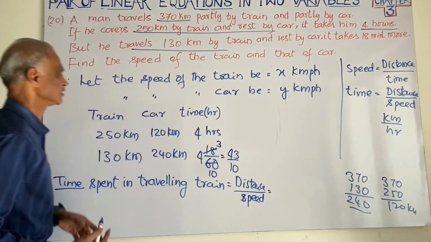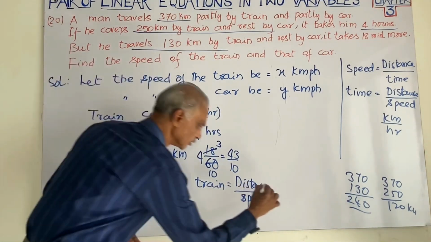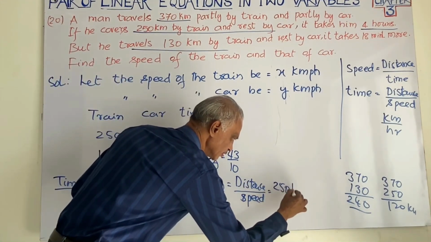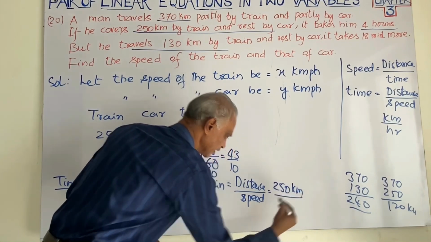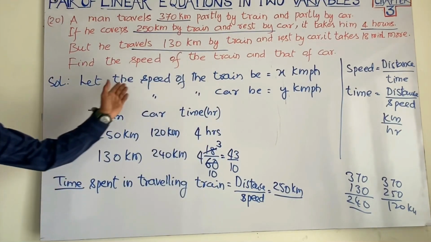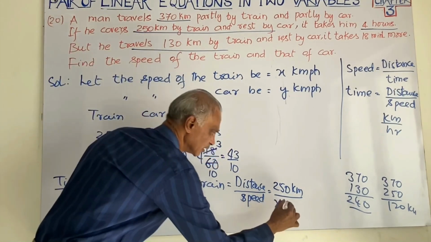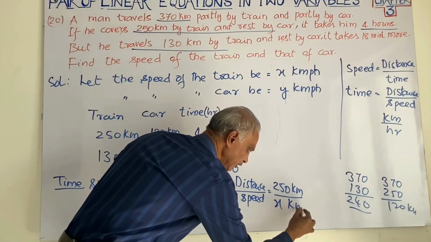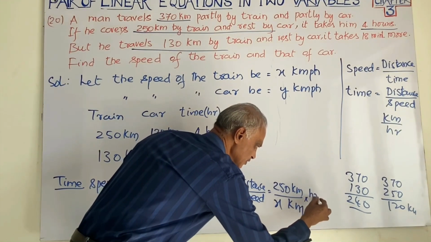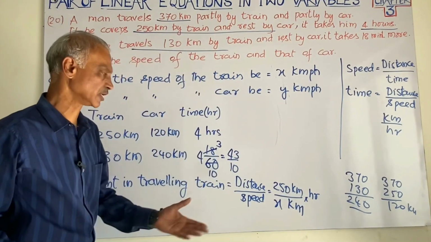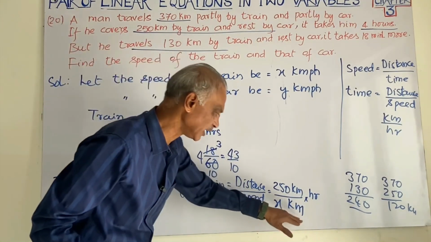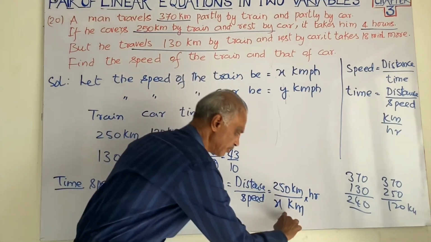What is the distance he traveled? 250 kilometers by what is the speed? Speed we have taken x kilometers per hour, which means it goes upside, it is easy to understand. Kilometers per hour means by hour.